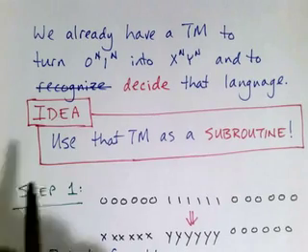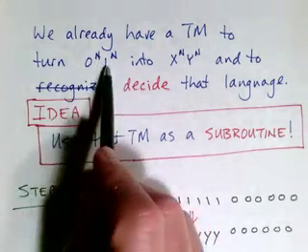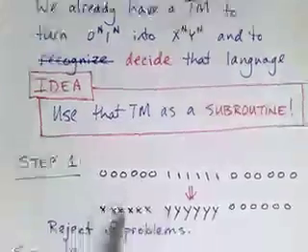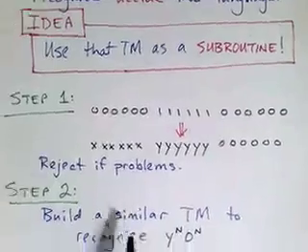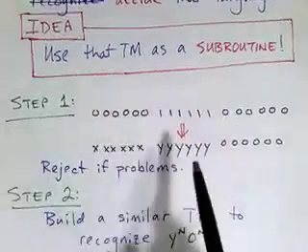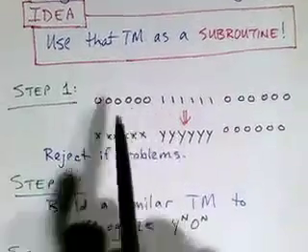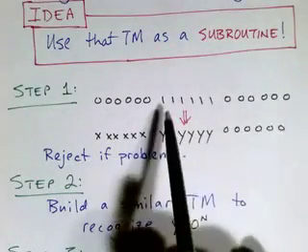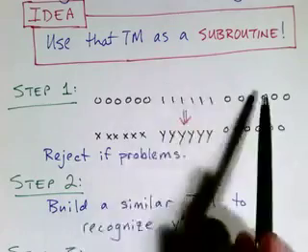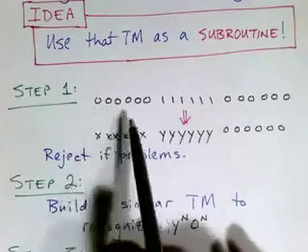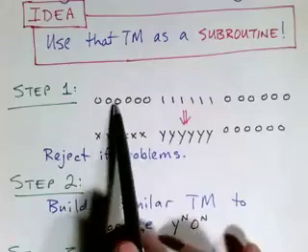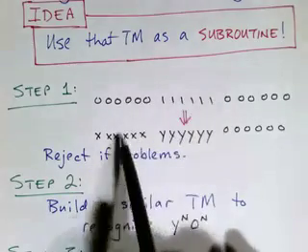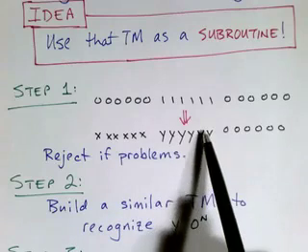So our goal is to recognize 0 to the n, 1 to the n, 0 to the n. And this is somewhat similar, so we're going to use that as a subroutine. So our Turing machine will have several steps. In the first step, here's a sample input on the tape, and we want to accept this input because it is a part of the language. Well, in the first step, what we're going to do is scan the zeros and the ones, and turn them into x's and y's.